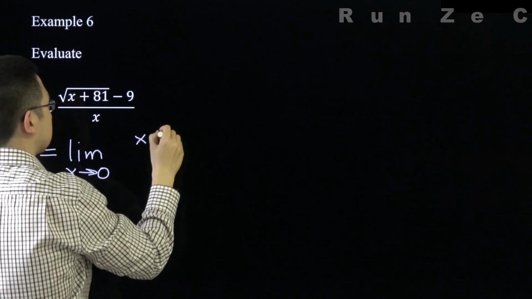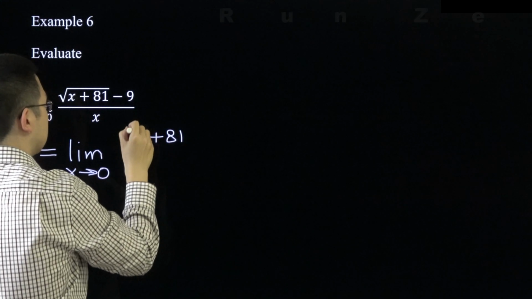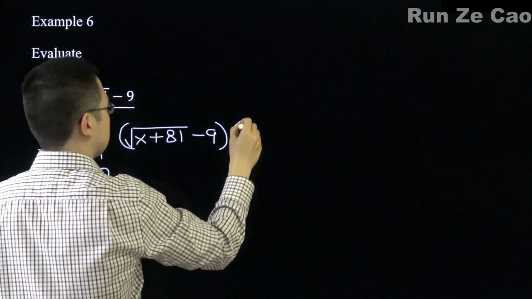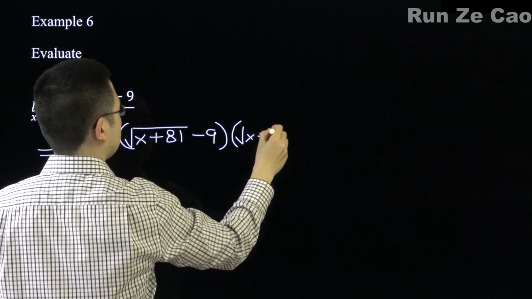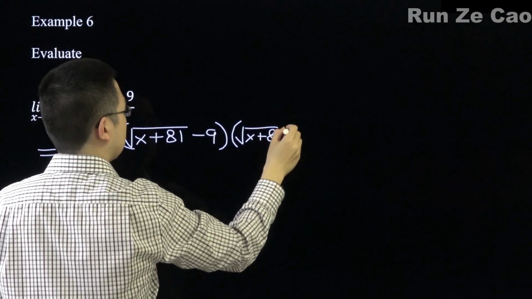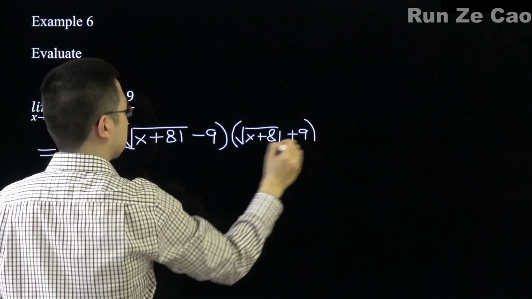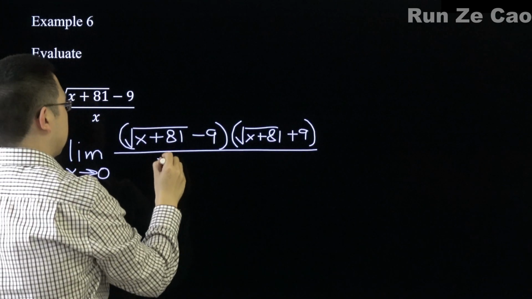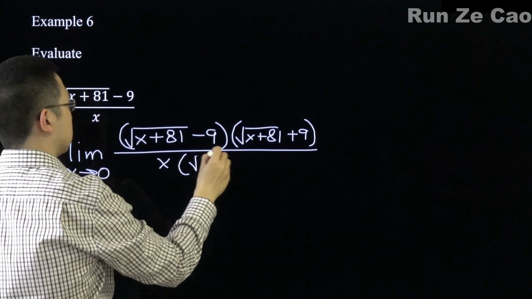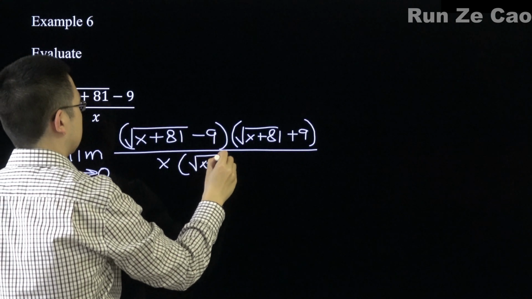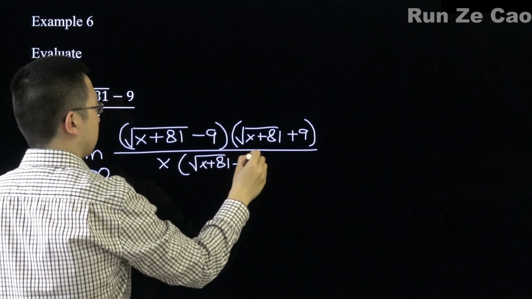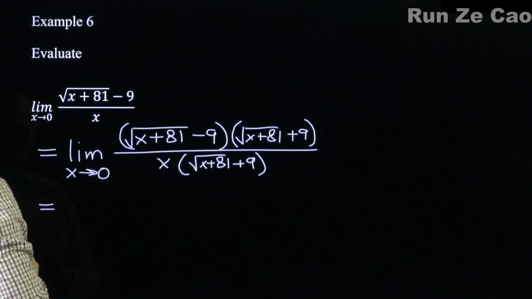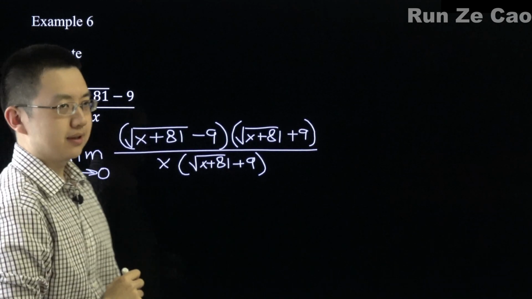Okay, so root x plus 81 minus 9 times root x plus 81 plus 9. This is over x times root x plus 81 plus 9. You see where this is going?